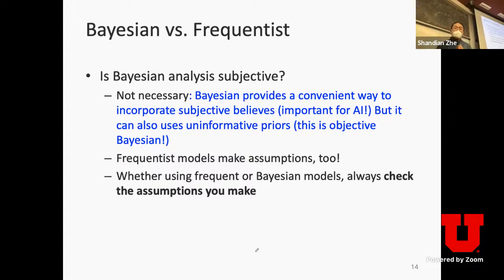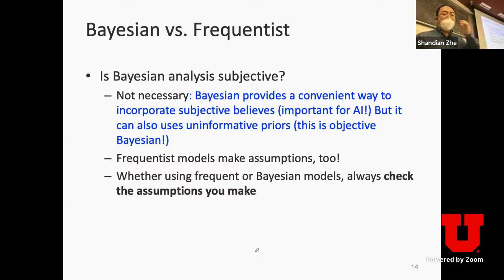Because prior beliefs or prior knowledge can be encoded as a prior distribution, many researchers view Bayesian analysis as subjective. Because you are mingling your subjective beliefs and the data, and you mix them together, you get updated beliefs.